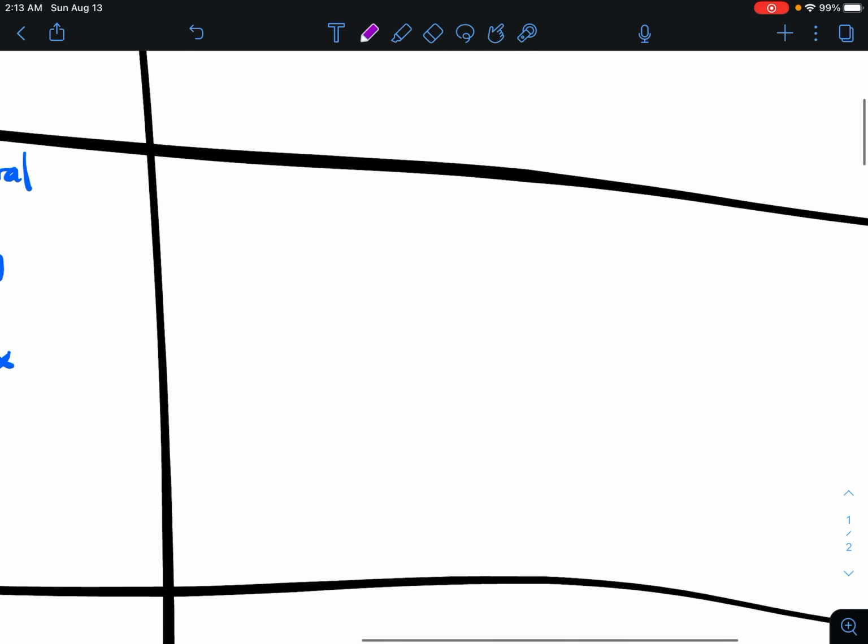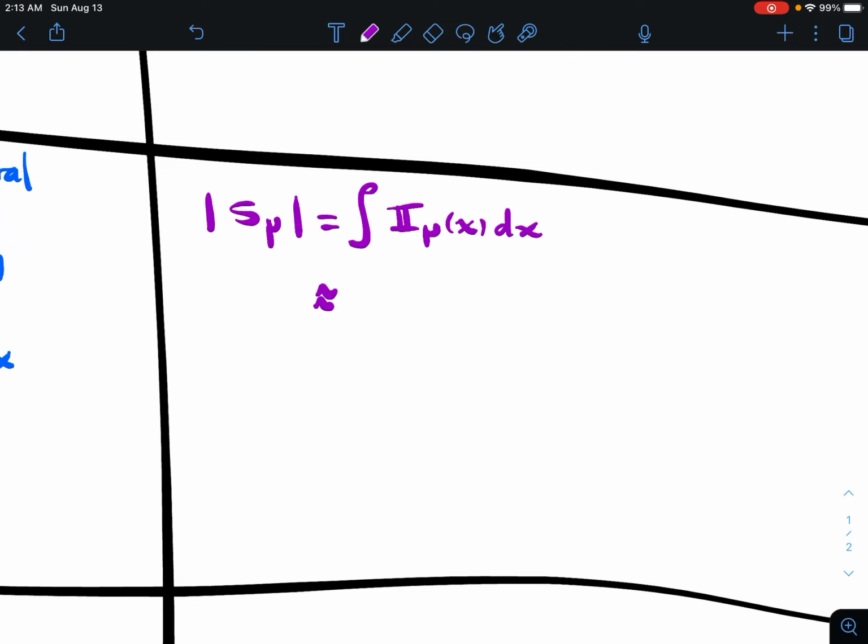The basic idea is to write the measure of your set, let's call it S mu, which is the set in the stationary set estimate problem, as the integral of the indicator function over that set, which we should be able to approximate by this integral multiplied by some smooth function, to which we can apply the Fourier transform.